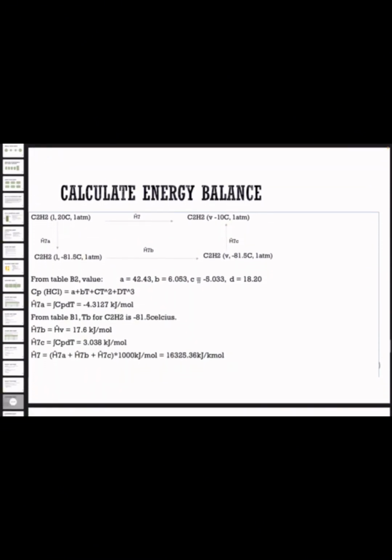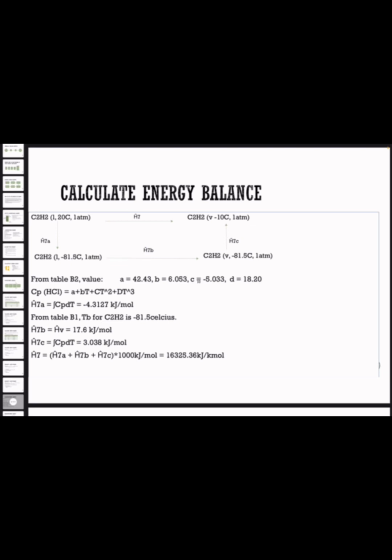Here is the top stream. Quite difficult. First of all, the C2H2 is in liquid phase, and then we have to go to minus 81.5 because this is the normal boiling point for acetylene.